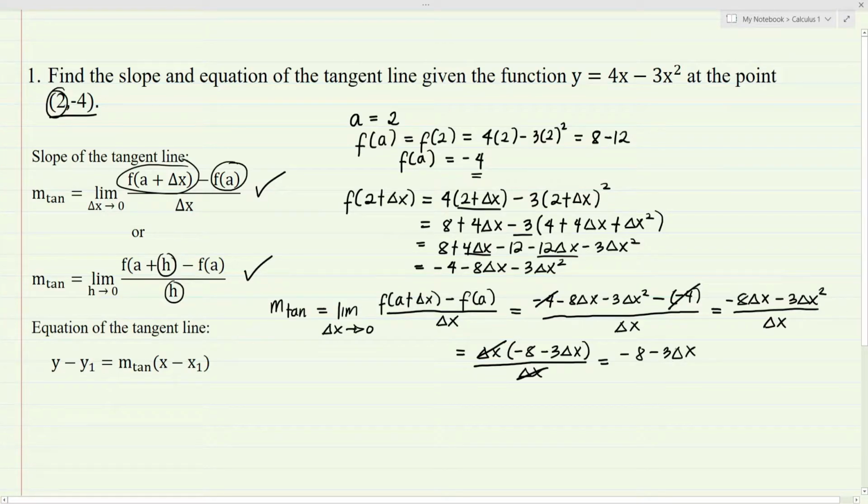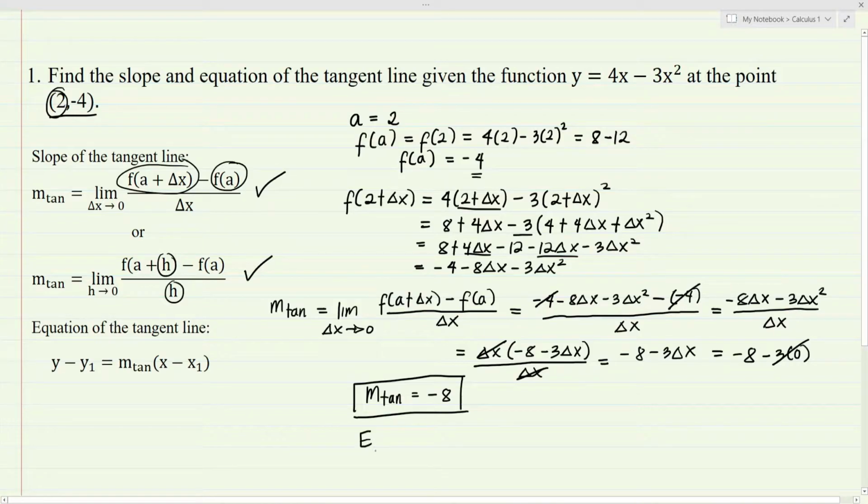So since it is already in its simplest form, I can now solve for its limit. Now to solve for its limit, just replace delta x with 0. So I would have here negative 8 minus 3 times 0. Therefore, the slope of the tangent line here would be equal to negative 8.